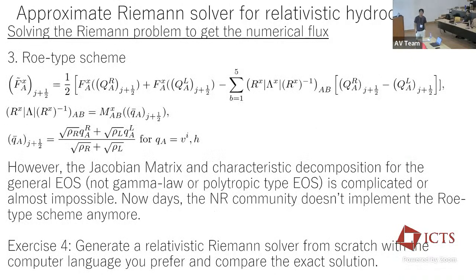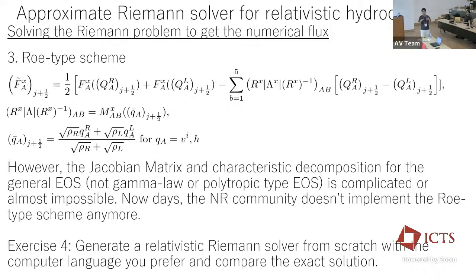Okay, this is the Roe scheme, but I won't jump into the details of the Roe scheme, though there is a Roe scheme in relativistic hydrodynamics versions. But the tricky point in the relativistic Roe scheme is that you need to decompose the Jacobian matrix.